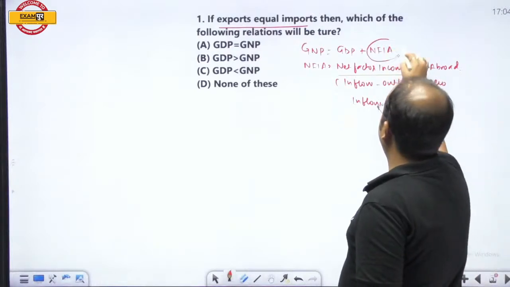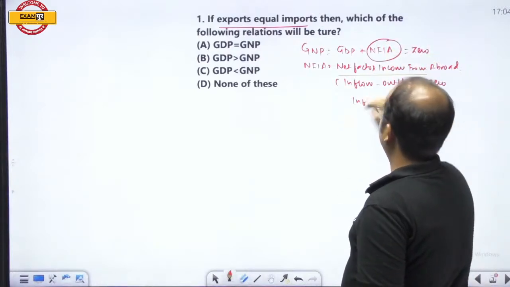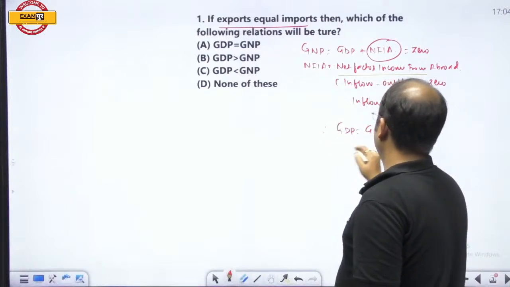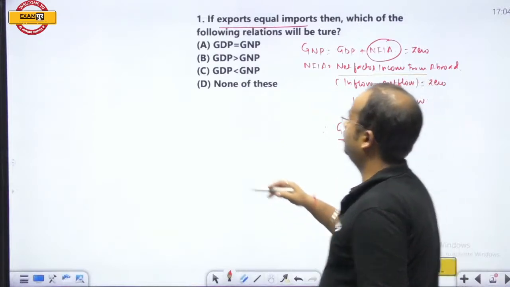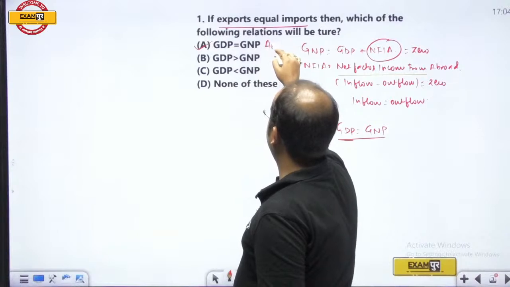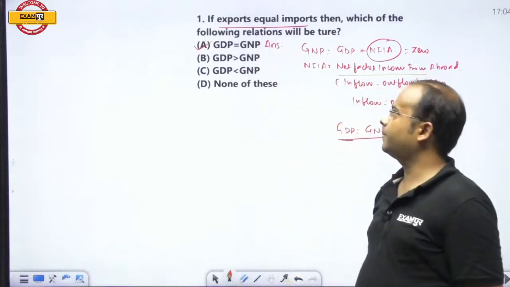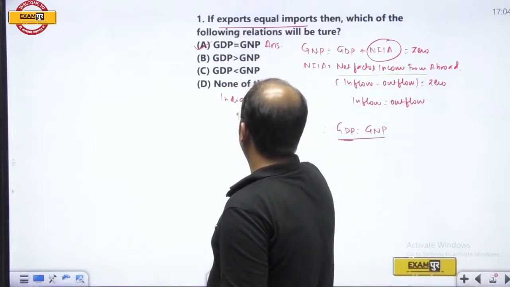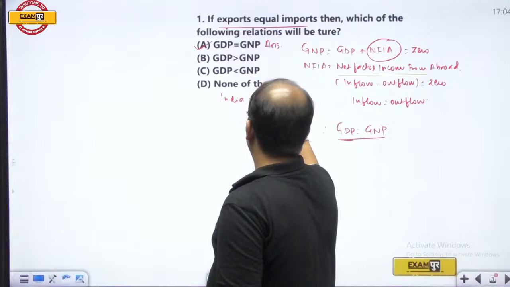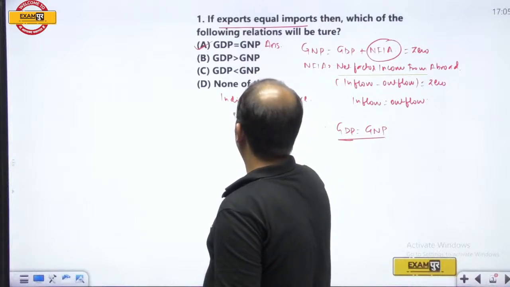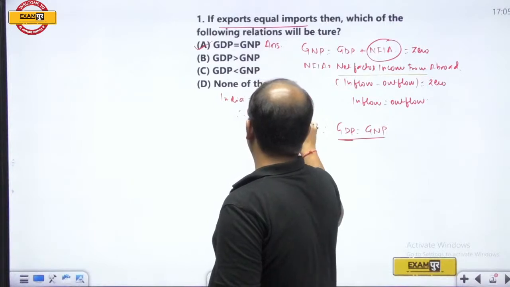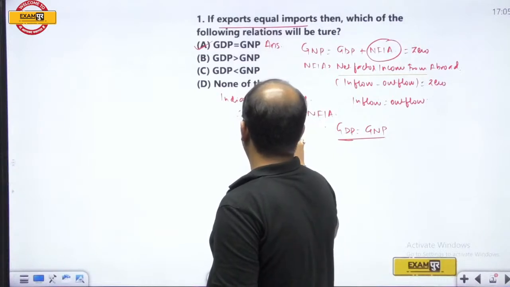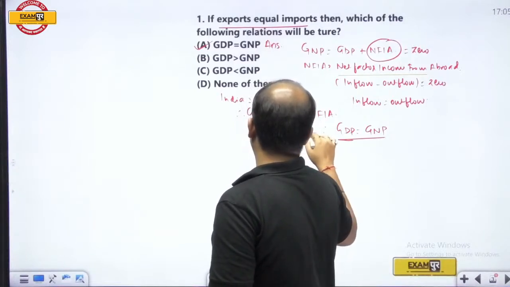And if NFIA becomes 0, then GDP is equal to GNP. So the correct answer will be, guys, option A, GDP is equal to GNP. For a country like India, NFIA is negative, therefore GNP is equal to GDP minus NFIA, so in India GDP is greater than GNP.